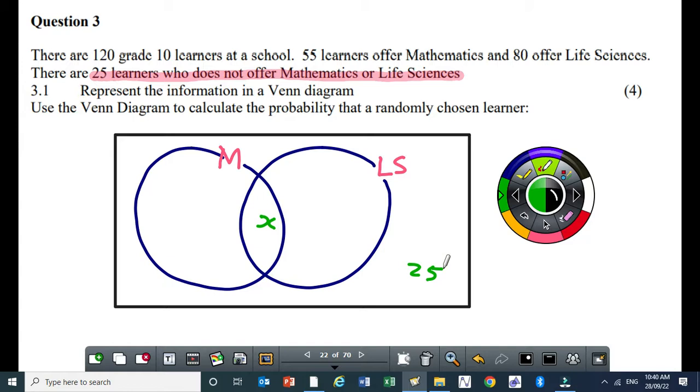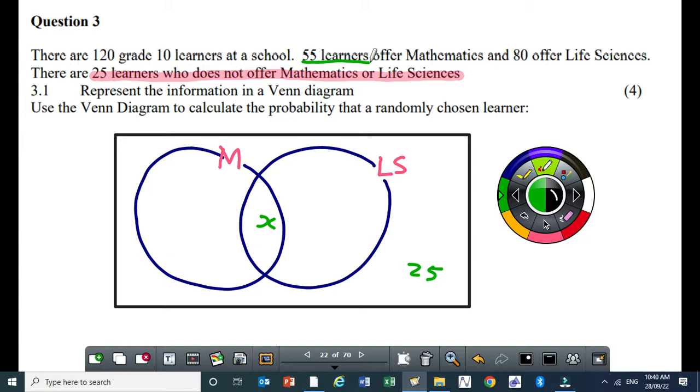Then, if you look at the question, we have 55 learners doing mathematics. Among those 55, it is possible that some of them may be doing life sciences. In this class, there are learners who are doing both maths and life sciences. So those who are doing both, x. How many are doing maths only?